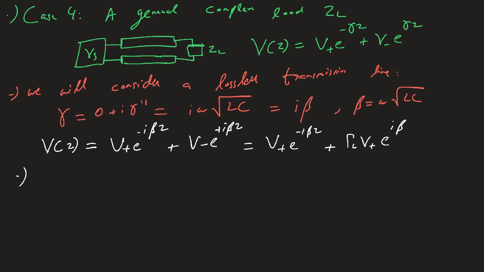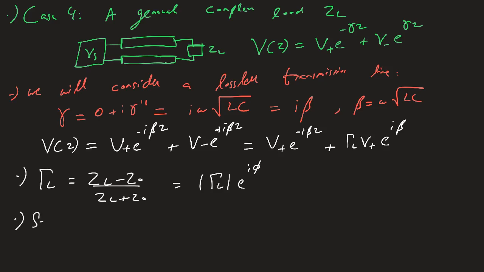So then by definition, gamma L is ZL minus Z naught over ZL plus Z naught. And we know that ZL in general is a complex number. So this is equal to the magnitude of gamma L times e to the power iota phi, right? Whatever phase factor this complex number has, if it has any, but in general it can have some.